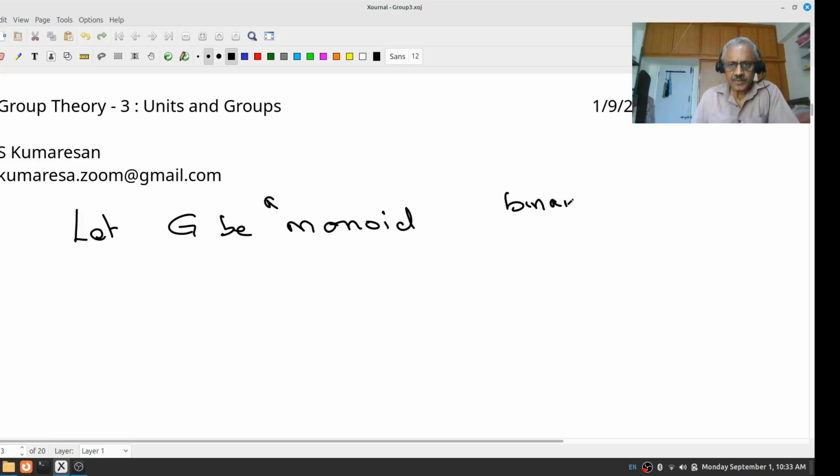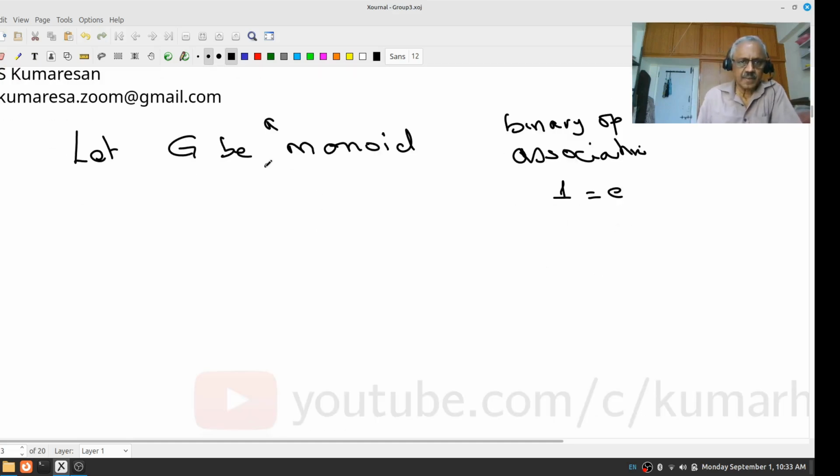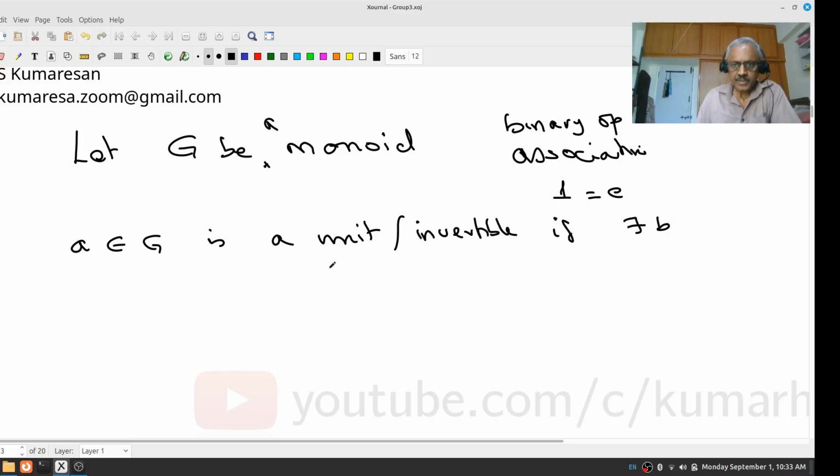There is a binary operation which is associative and which has an identity element which we may denote by 1 or E. I say A in G is a unit or invertible if there exists a B in G such that AB is the identity, which is also BA. So that means A and B commute and their product under the binary operation is E.